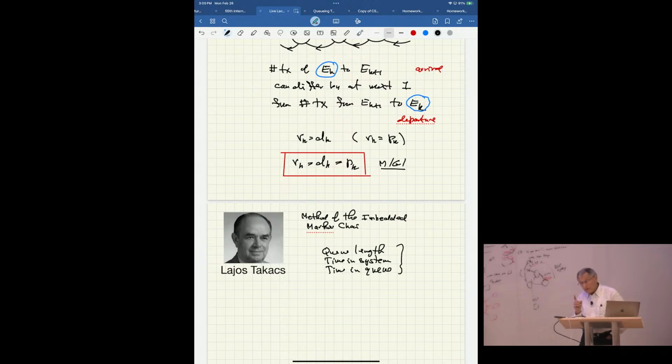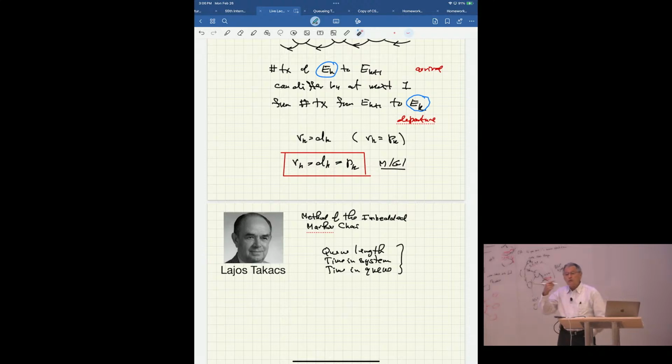But we're going to go after these very important quantities. And by the way, we've usually spent most of our time doing what? Going after the queue length. How many in the system? But I'm telling you, with this approach, we'll get more. We'll get the time in queue and the time in the system itself. And we're going to start off by first finding the mean of these quantities: the mean number in system, the mean time in system, the mean time in queue.